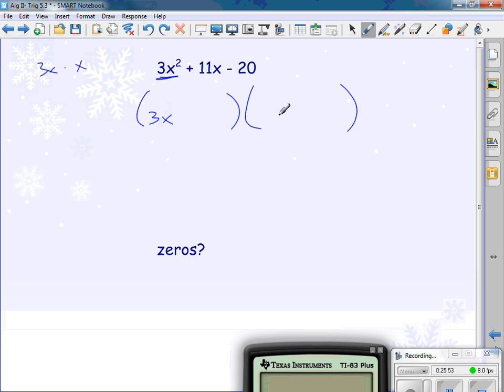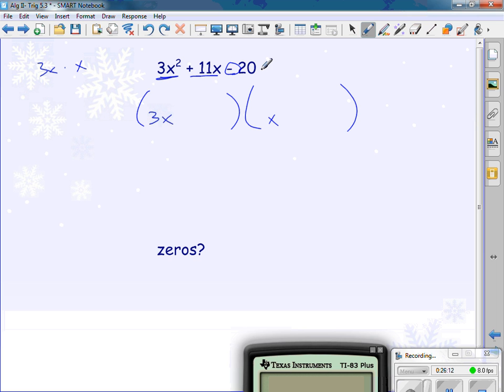So I know that has to be 3x. I know that has to be an x. That's the only way I can get that one. What does this tell me? One has to be positive, one has to be negative, but I don't know which one. This just tells me I have to end up with a positive 11.